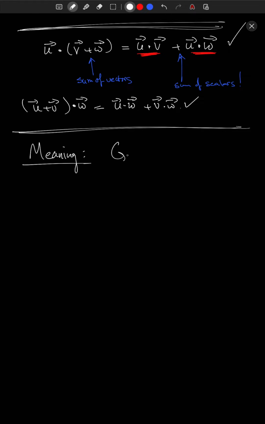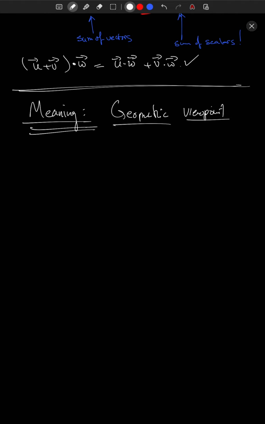So this is going to be the geometric viewpoint, I guess I called it viewpoint last time. So a geometric viewpoint of the dot product. What I'm going to do is draw a picture and figure out what exactly the dot product is calculating for us.